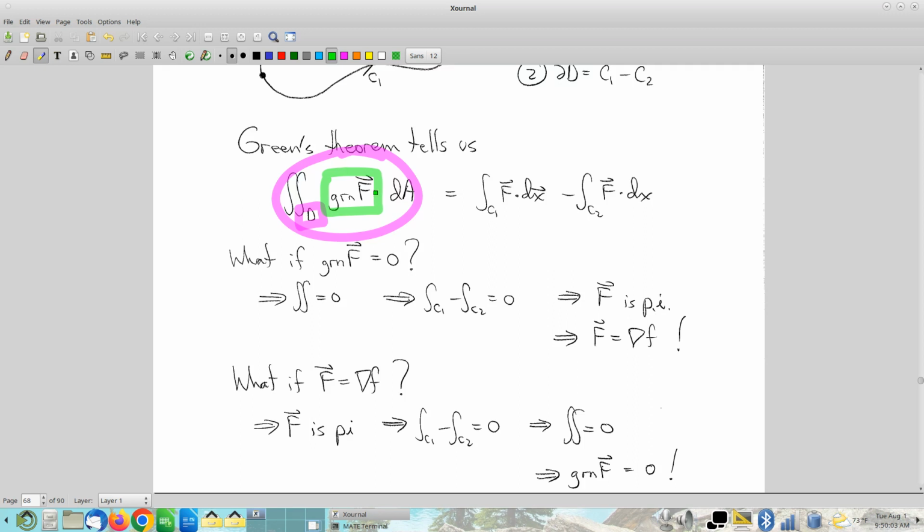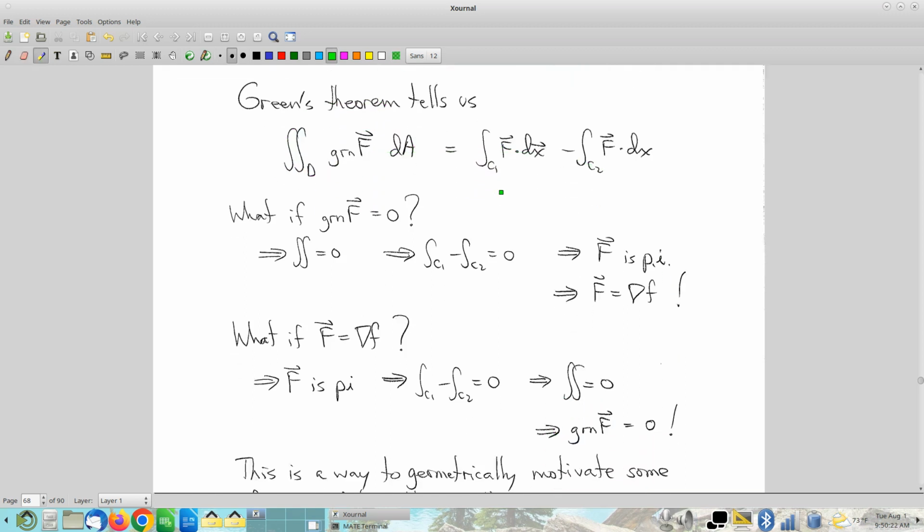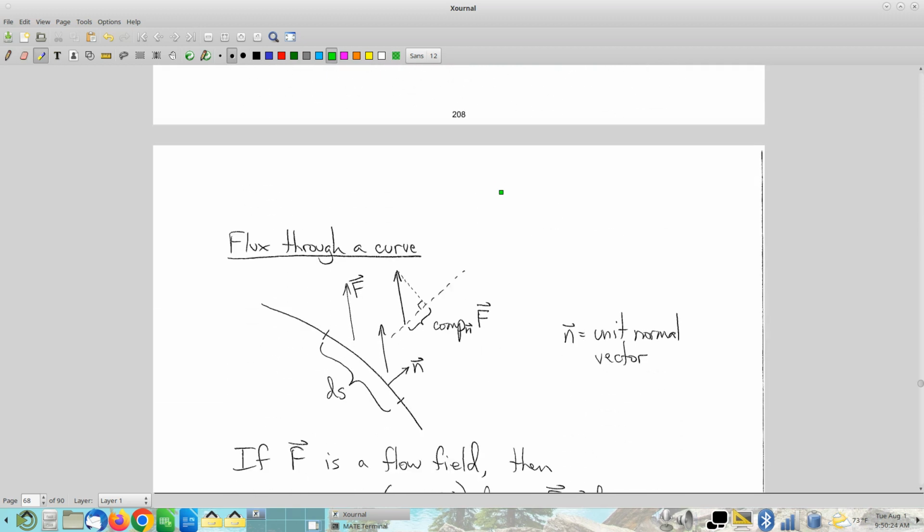And I claim that there's really only one possibility, and that is that integrand itself must be 0. And again, assuming regularity, continuity, etc. And again, I don't want to get bogged down in that kind of stuff. Yeah, how about that? I think that's another lovely argument. Okay, all right, so good stuff.